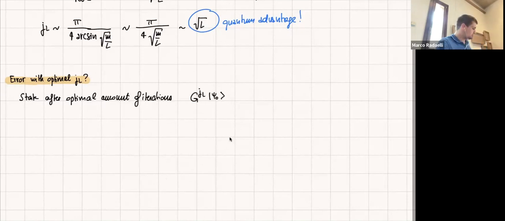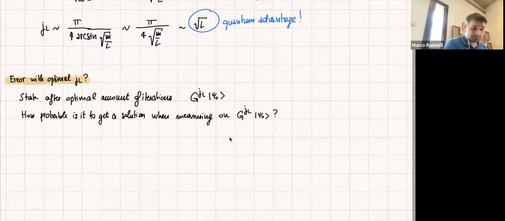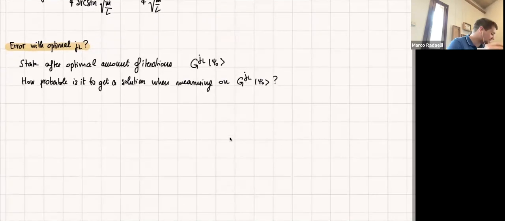Now the point is, how probable is it to get a solution when measuring on G^JL psi naught?